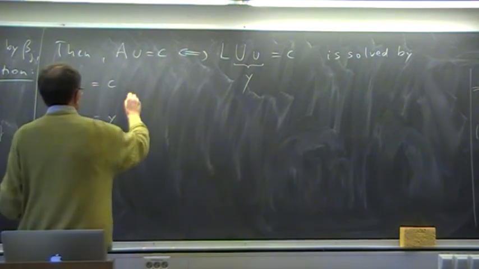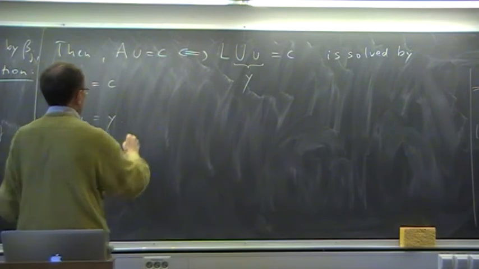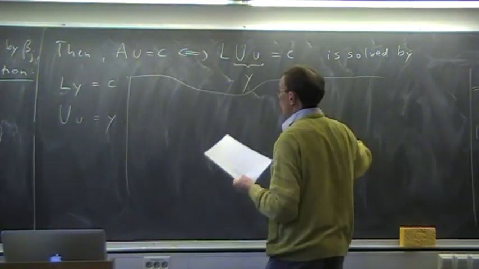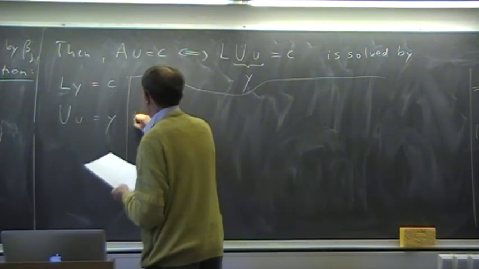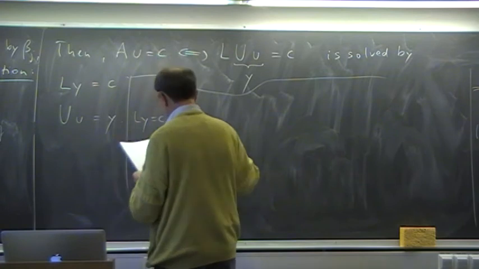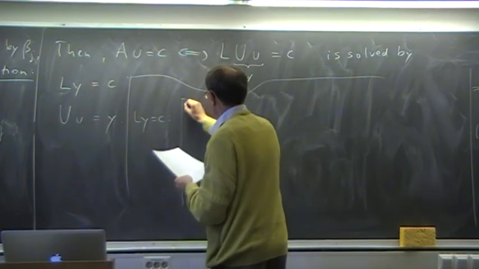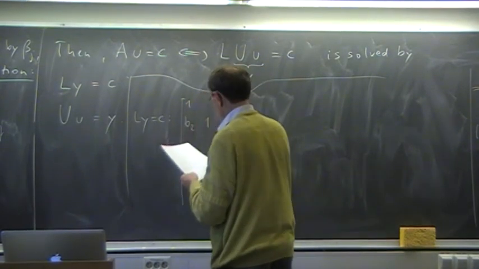So that means we have then to solve the problem first Ly equal to C. So the Ly equal to C, that is the first problem. And then we have the matrix L, that was the 1, had the B2, the 1.